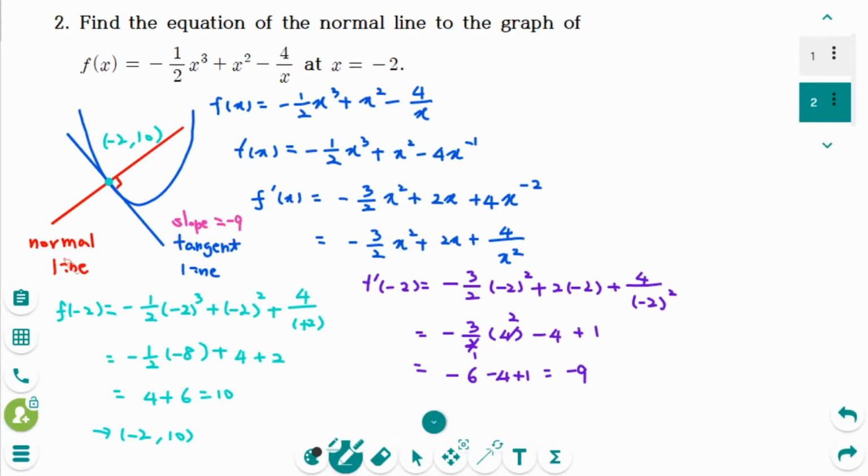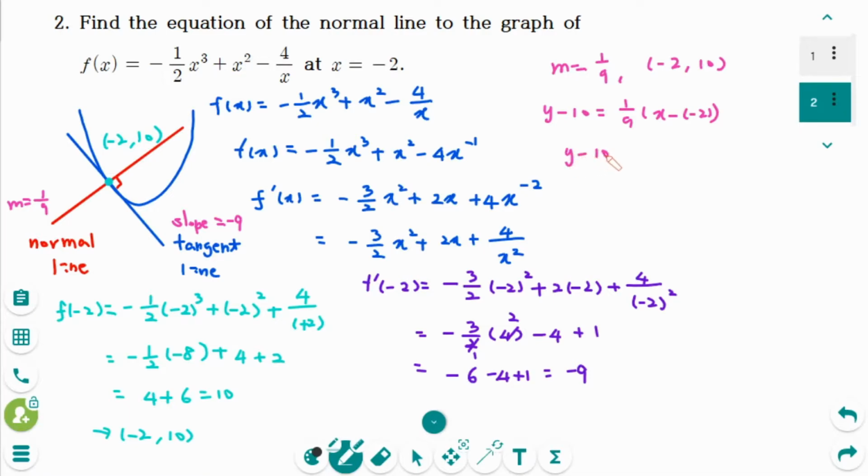Then the slope of the normal line is the negative reciprocal, which is 1 over 9. So the slope is 1 over 9. The line passes through (minus 2, 10). So y minus 10 equals 1 over 9 times x minus minus 2.